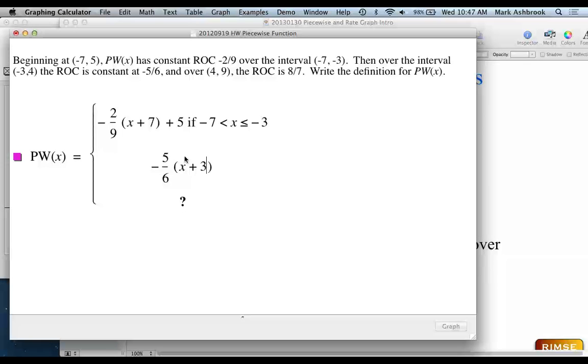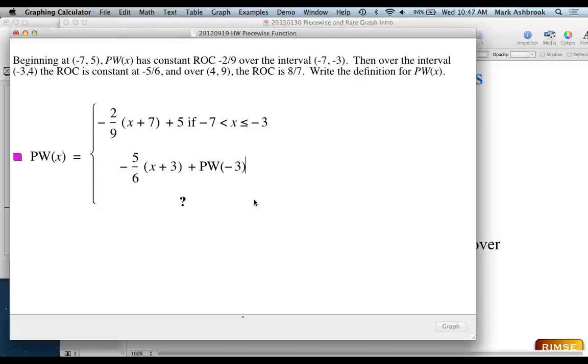Okay, and now we're going to start again. This is for our second one. This is going to be our point, A and B, right? So what is A? That's why we put x plus 3 in that next line, see? So it's this AB that we're going to use. The question is, what's B? Ross wants PW of -3.